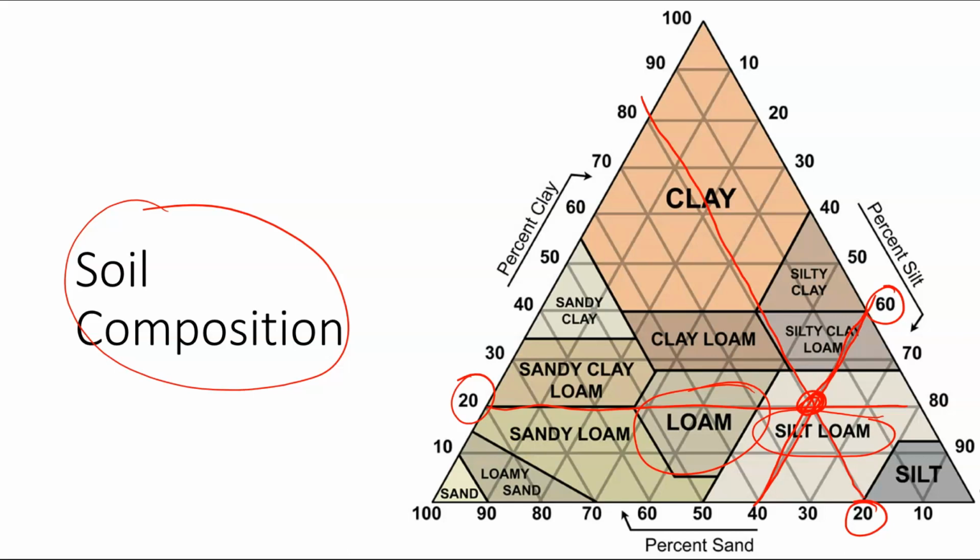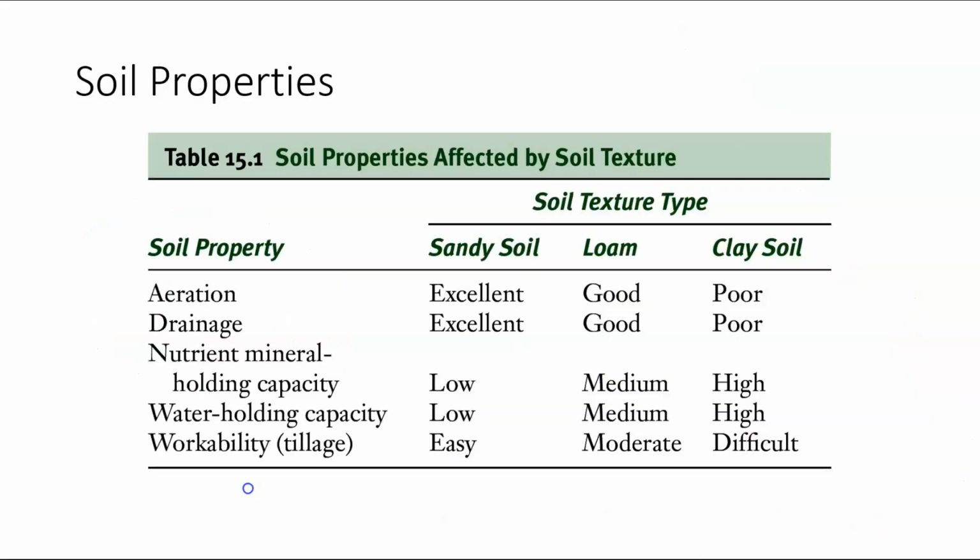It does hold on to nutrients as well, but it doesn't get waterlogged or prevent water from draining out like clay does. So if you want to grow some good food, you'd be looking for something that is within the range of some sort of loam or type of loam soil.